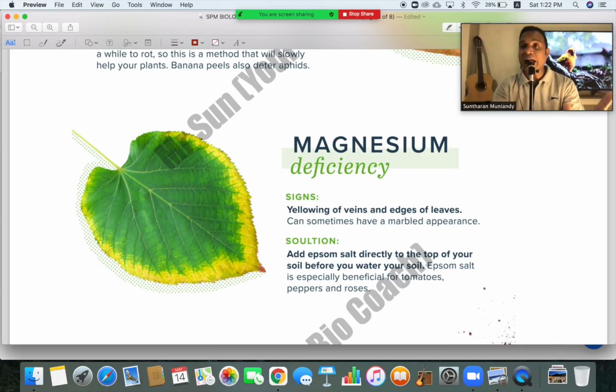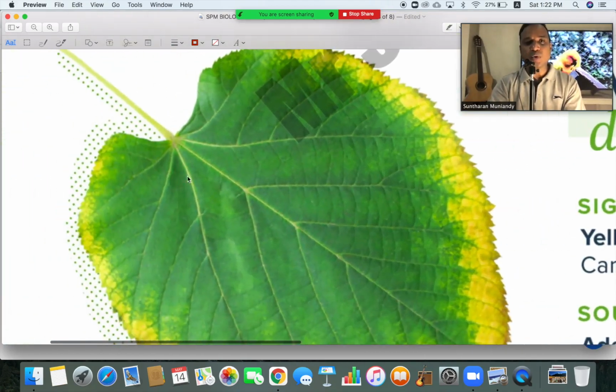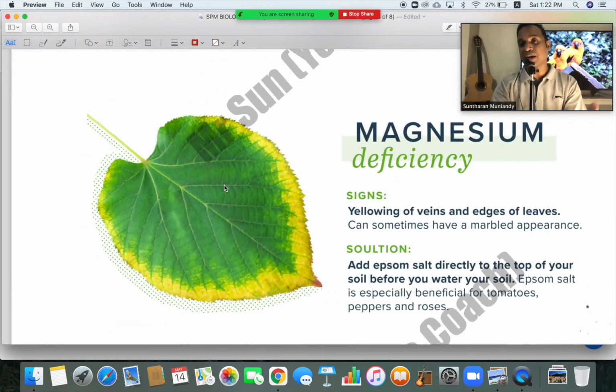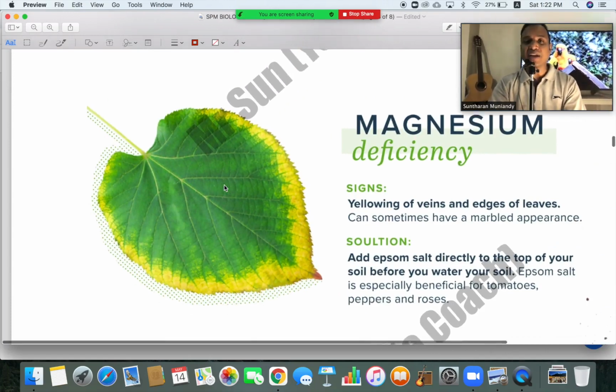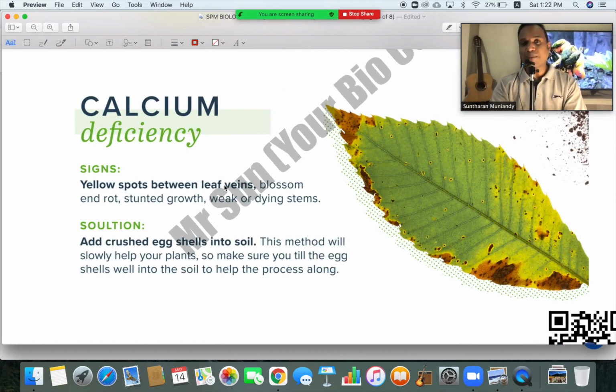If the plant doesn't have enough magnesium, the chlorophyll pigment will not appear green in color. So it will appear yellow, and usually the veins will turn yellow. You can see the veins are not dark in color. They are now yellow, and the veins of the plant leaf will appear yellow. And then the next one we look at is calcium.